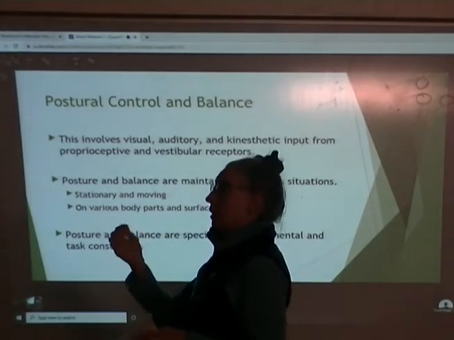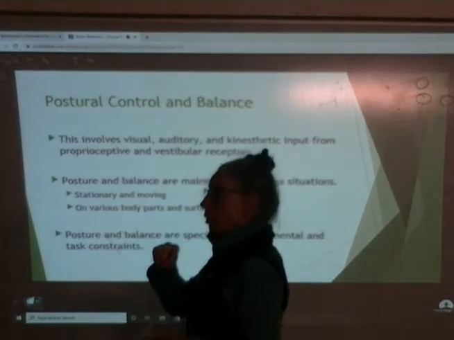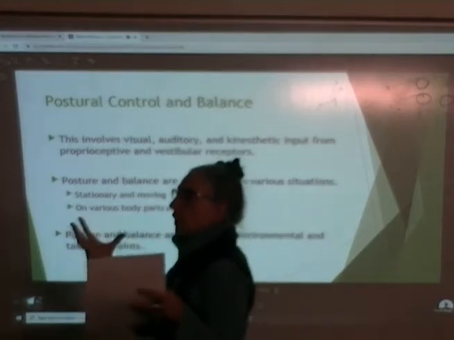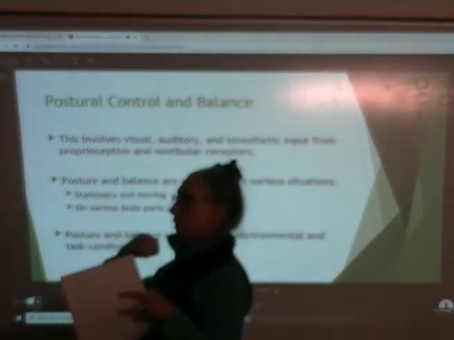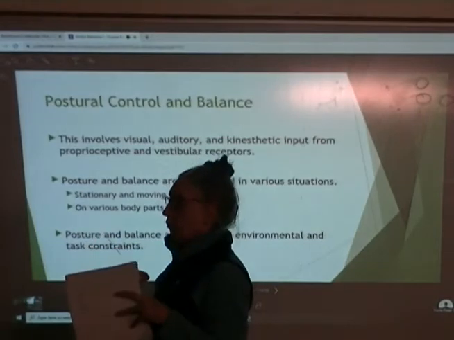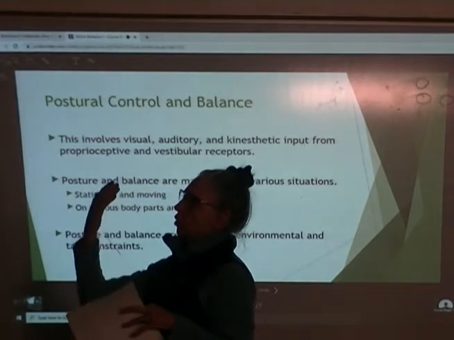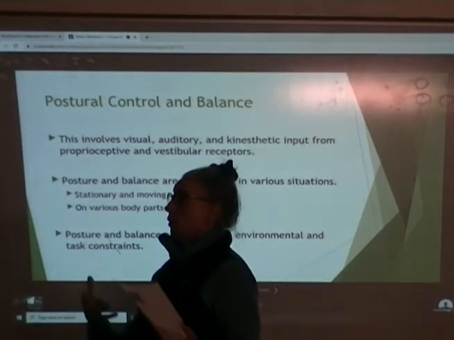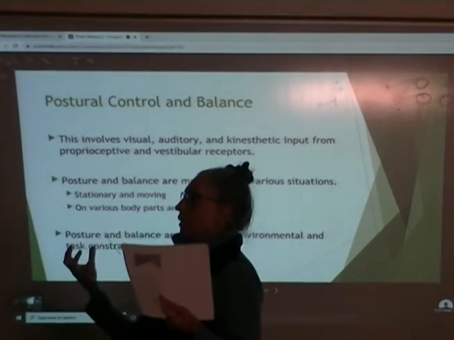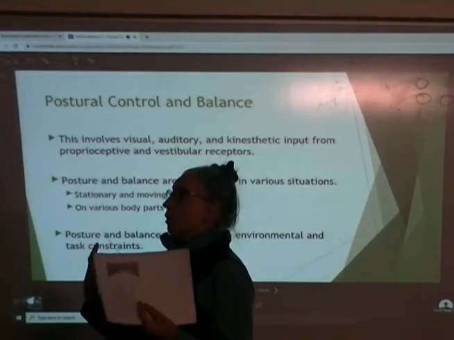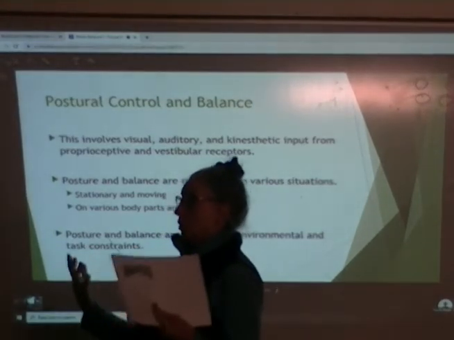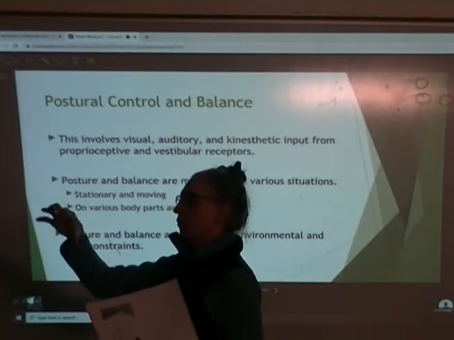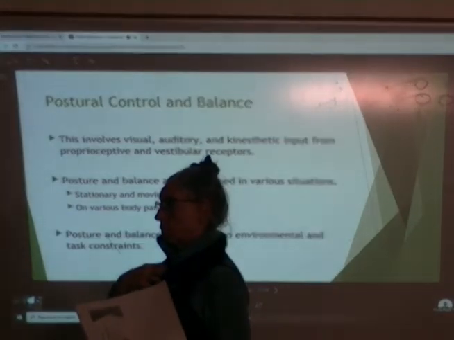But perception is an individual item, variable, right? My perception of the environment is based upon my sensory information and the way my brain interprets that information based upon experience, right? So we have to be very careful when we're thinking about perception and not assume that someone else understands the environment the same way we do, right?